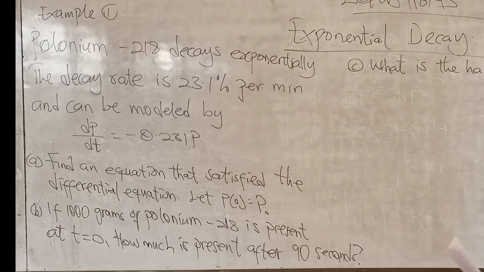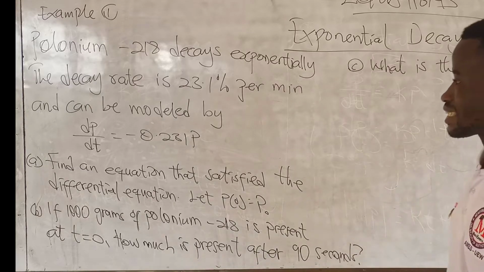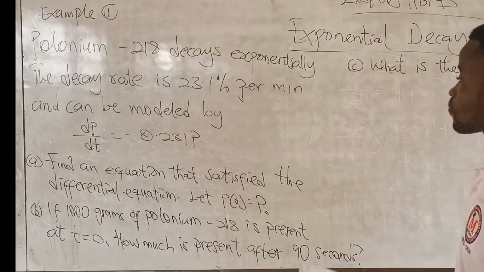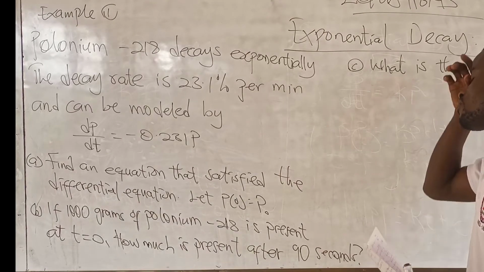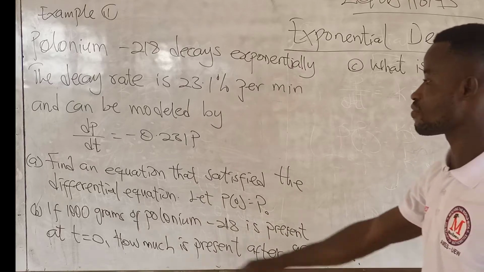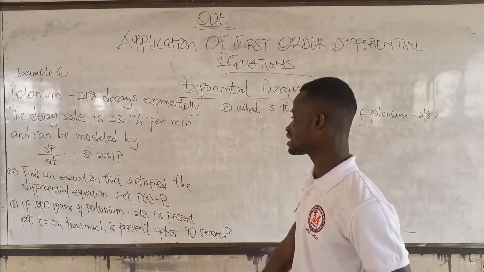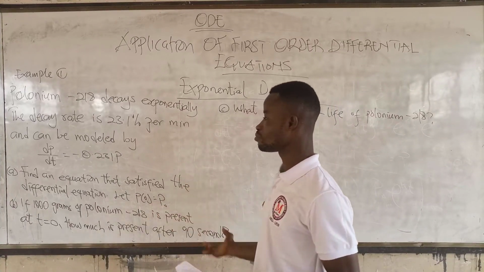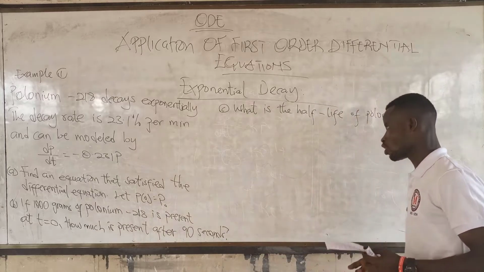A. Find an equation that satisfies the differential equation. Let P of 0 be equal to P naught. That one we know already.